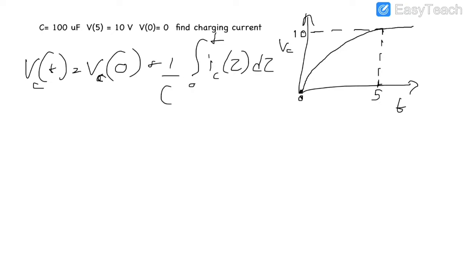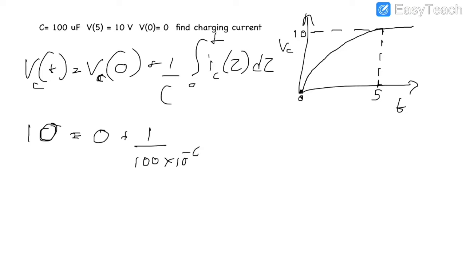So this is 10 volts, and my voltage at 0, so it has no initial charge, so it is 0, plus 1 by C, which is 1 by 100 microfarad.